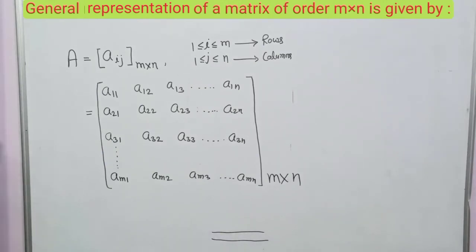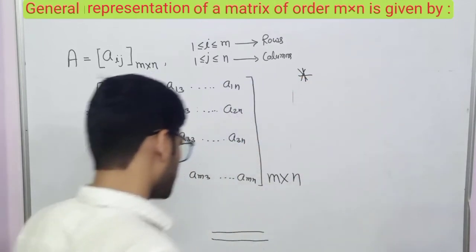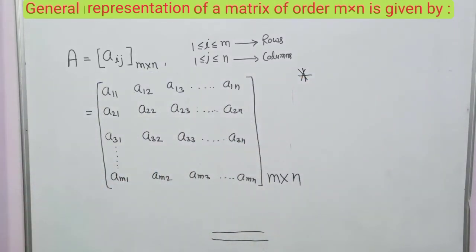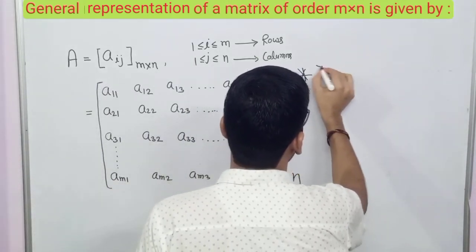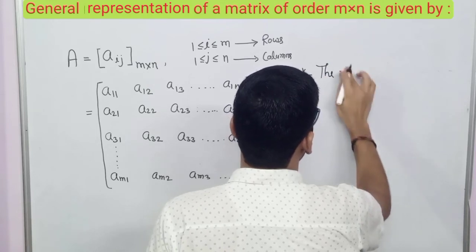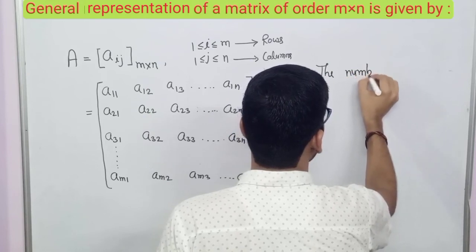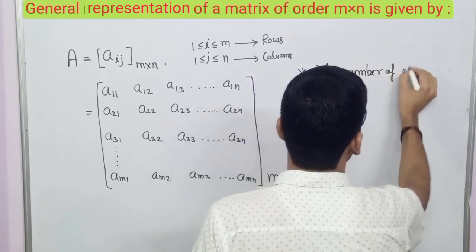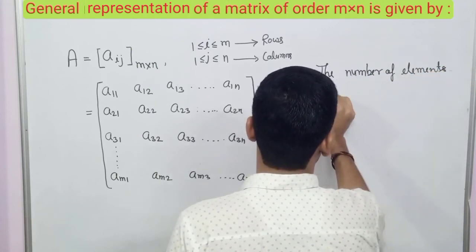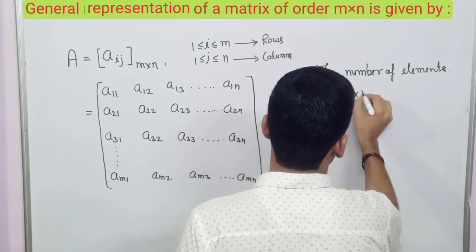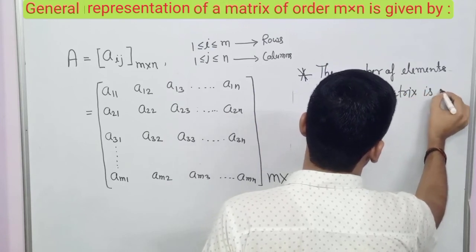Now here we write a topic, you can write as a note, the number of elements in an m cross n matrix is mn.